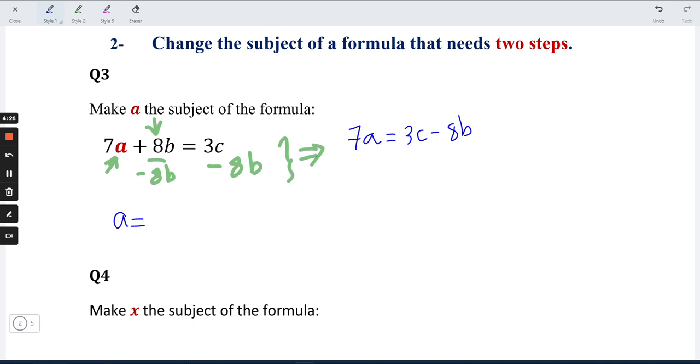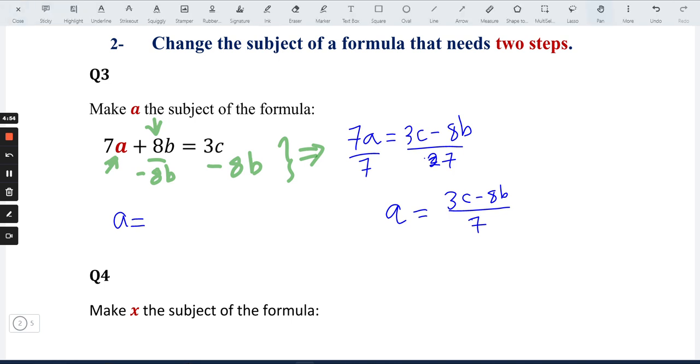So I will divide both sides by 7, and this is the second step. So we will get a equals 3c minus 8b over 7, sorry, over 7. So here is A in terms of C and B.